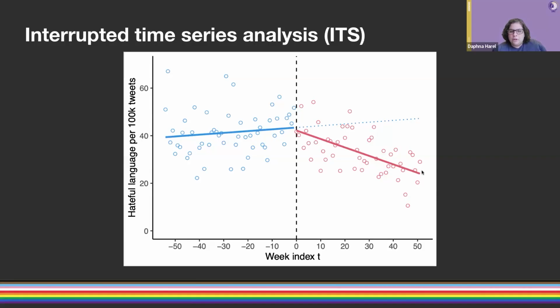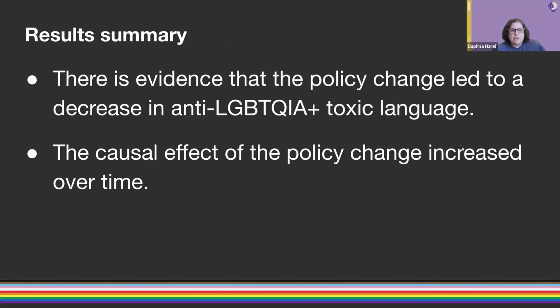And then we see this decrease in the slope, that over time even, the effect gets even stronger, that the amount of hate speech decreased on Twitter in 2013. So there's evidence that the policy change led to a decrease in anti-LGBTQIA+ toxic language, and the causal effect of the policy change increased over time.